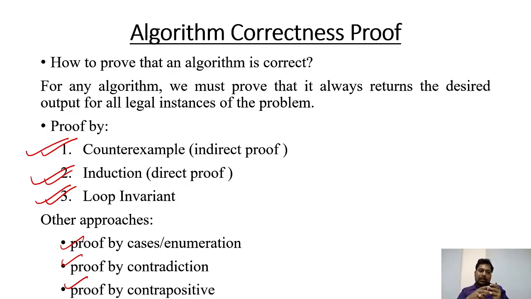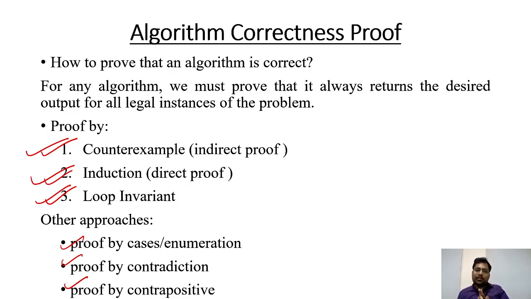First is the initial step, next is the maintenance step, and last is the end step, or stop step. You have to check all three. If all three are true, then you can say loop invariant holds.